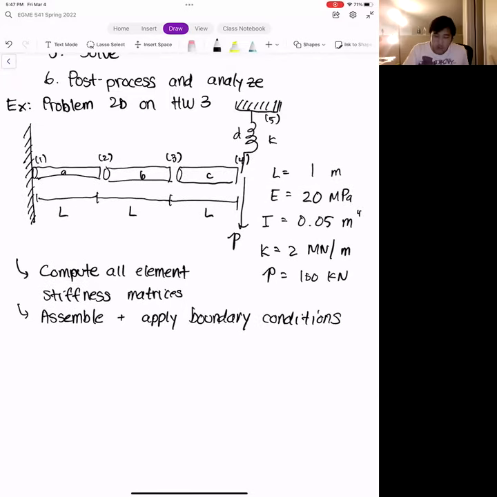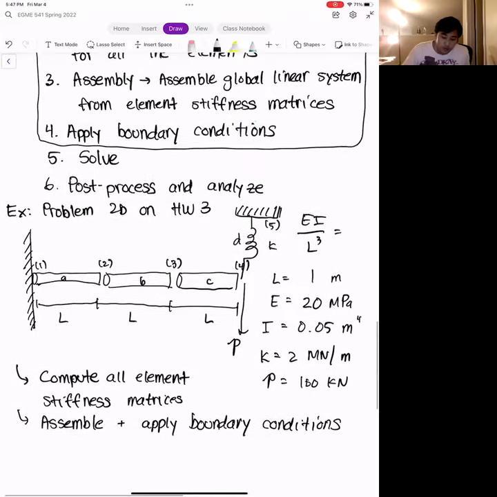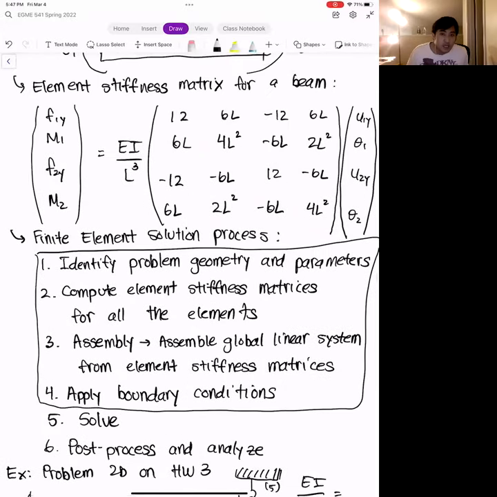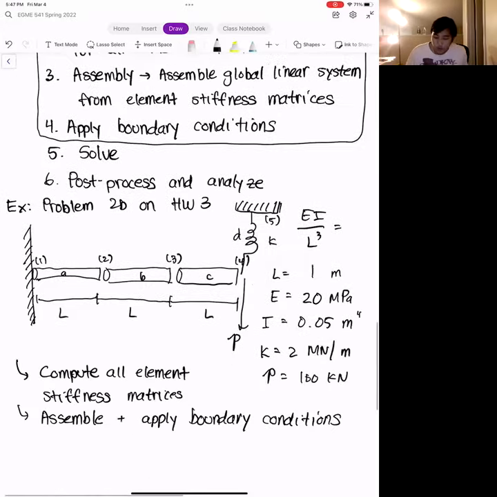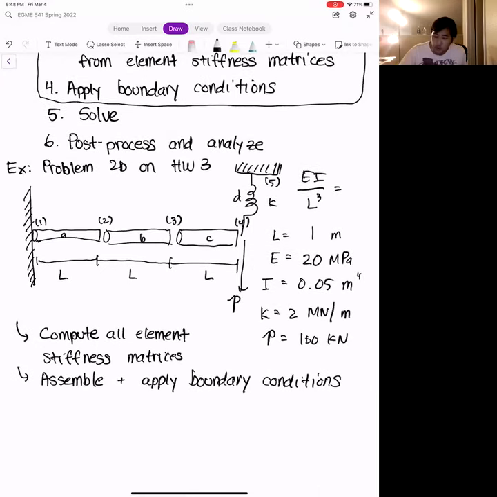First thing, let's compute all the element stiffness matrices for the beams because they're all identical. Let's compute the factor in front. If we look at our beam element stiffness matrix, we have this EI over L cubed out in front. Let's compute that straight up.